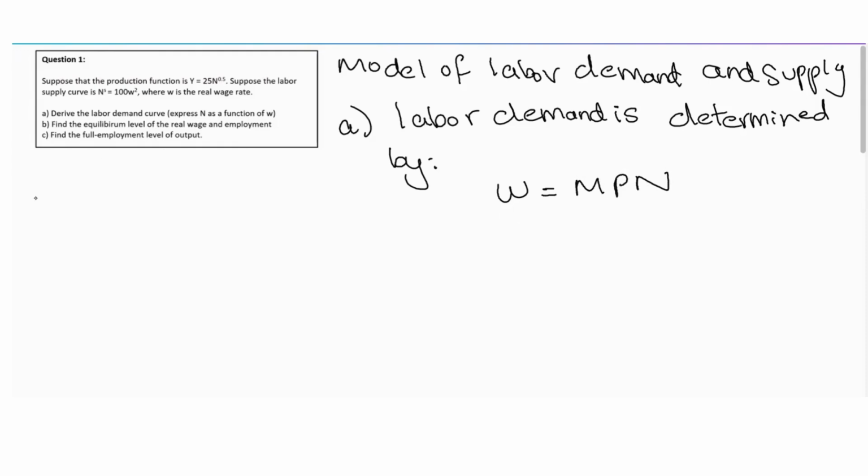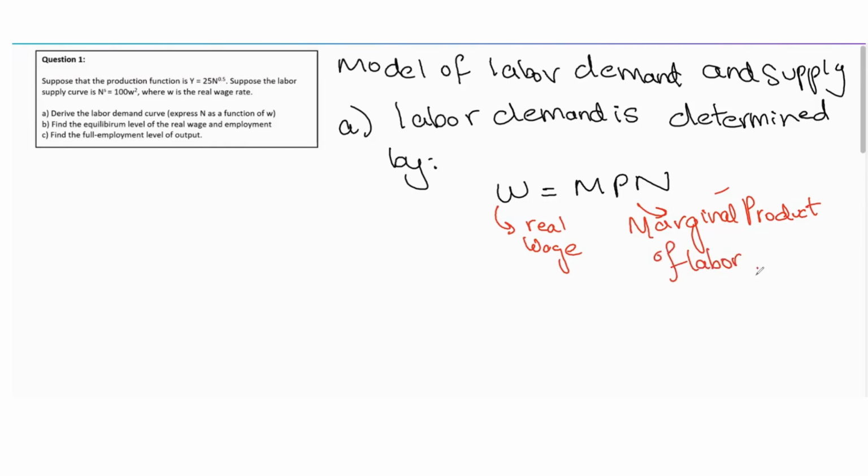Where small w represents your real wage, which is nominal wage divided by price level, real wage, and MPN is your marginal product of labor. So this is written as MPN is equal to partial y by partial n.